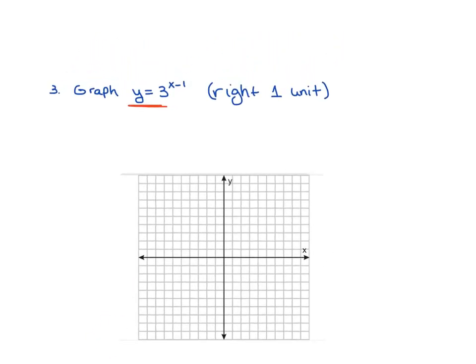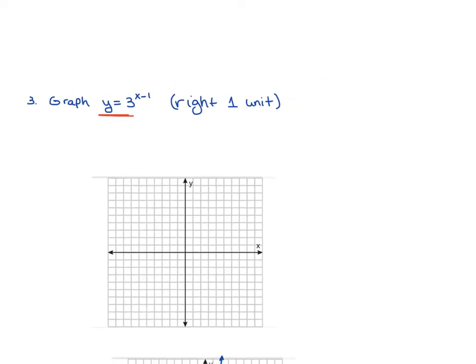So here, let's see. Whenever you add to the exponent, that's going to be a shift left.